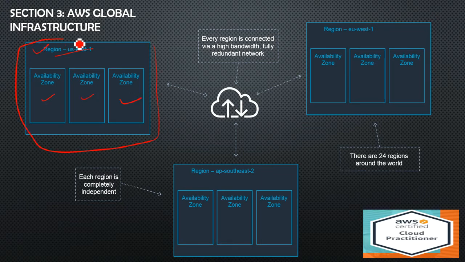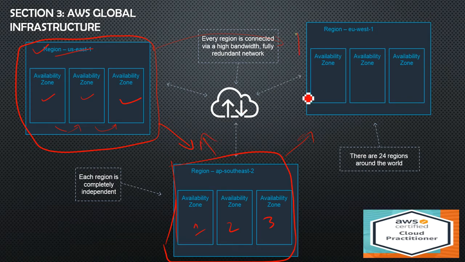This region is completely separate from this region as well as this region, and these AZs are separate from each other physically, so they are far off from each other in that region. Likewise, you have another region in AP South, and inside that you again have 1, 2 and 3 AZs which are separate from each other, and this region is separate from other regions.